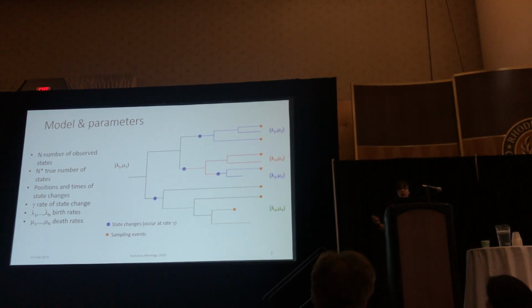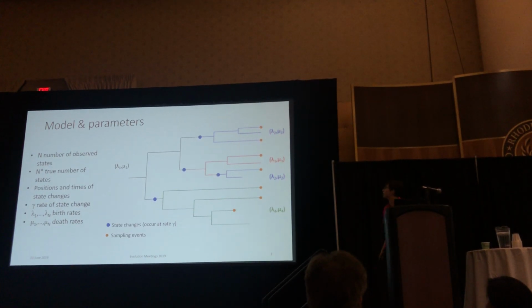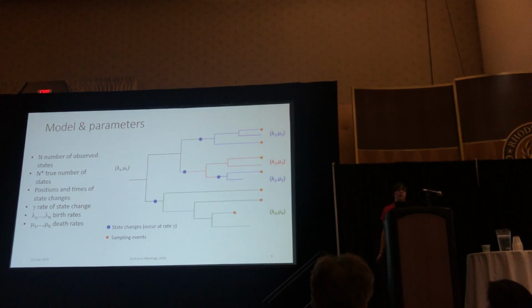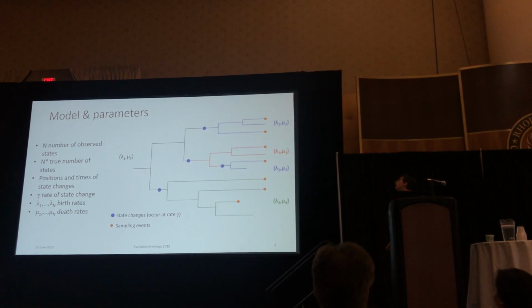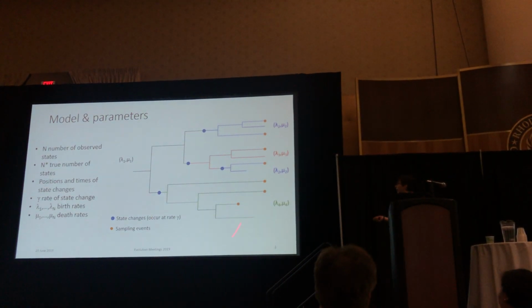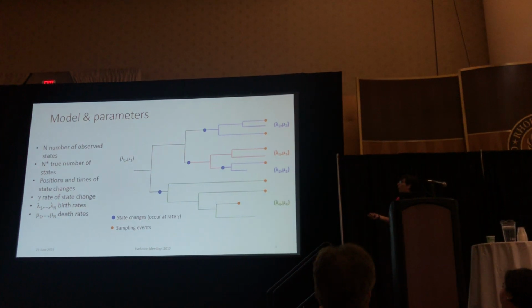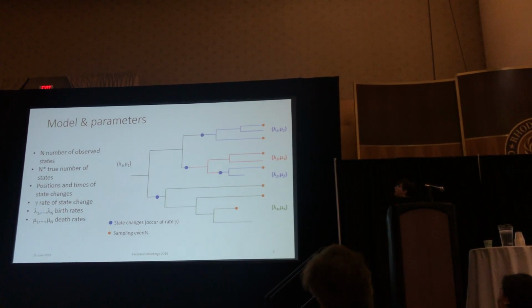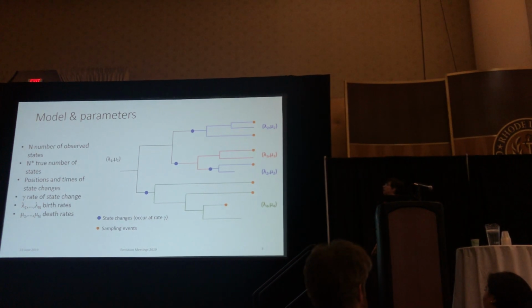So we're not sampling the rates from a continuous distribution. We assume there is this underlying number of regimes, and we're just sampling them on the tree. And we infer the number of states. This isn't a parameter that is fixed in the model, it's inferred.